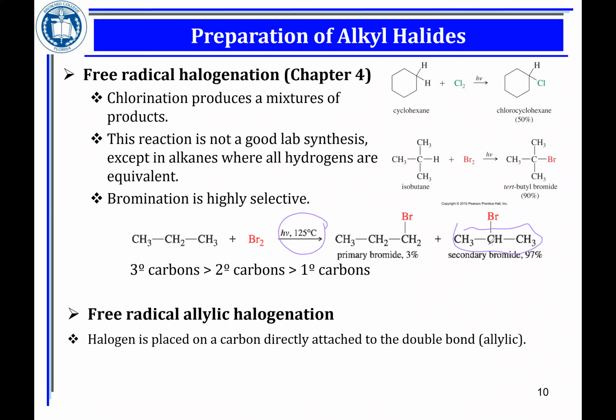More stable intermediate, faster the reaction, major product. This is coming from primary free radical, and primary free radical is less stable, and because it's less stable, it's going to be slower, and it gives you minor product.